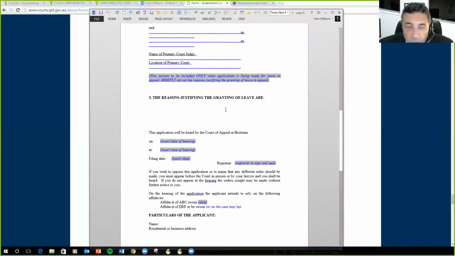So things that you might want to consider are that in some way the learned judge in the Planning and Environment Court got it wrong.